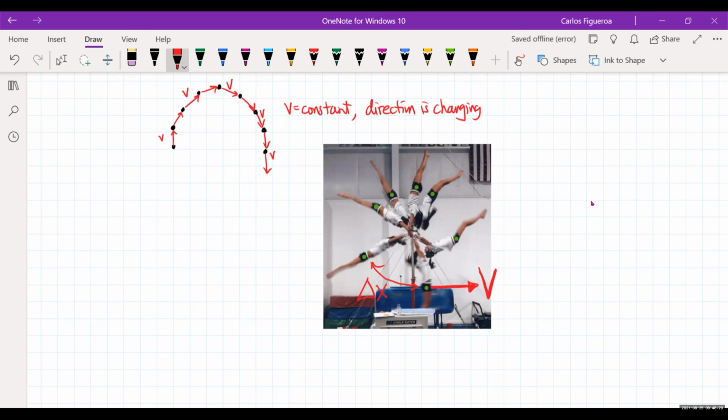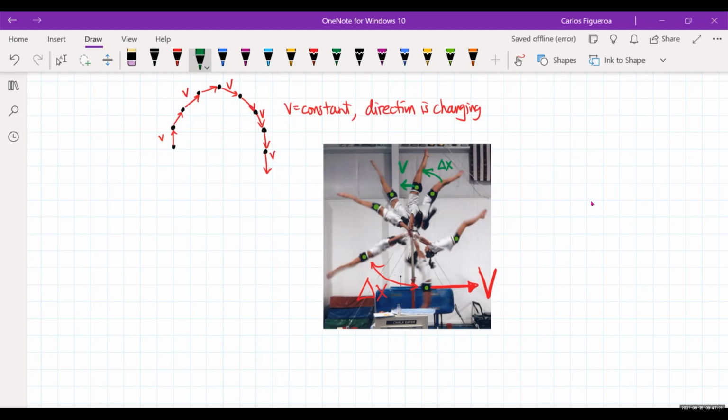Now, if you look at the spacings as she's going upwards, look what happens here. If you look at this spacing from here to here, when I look at the dots, that distance is not very big right there. If that distance is not very big, then the speed here must be slower.